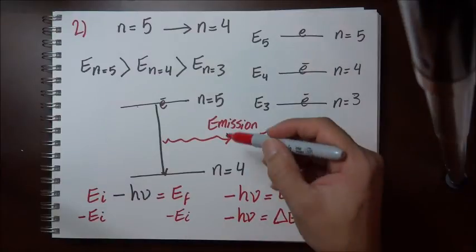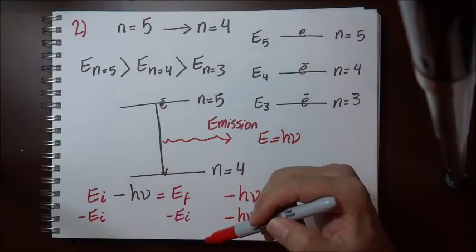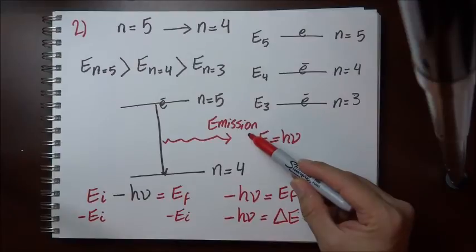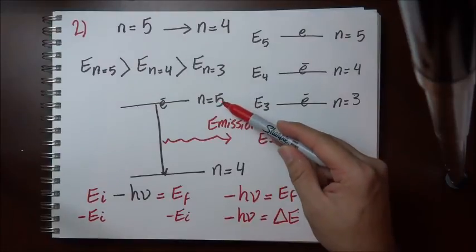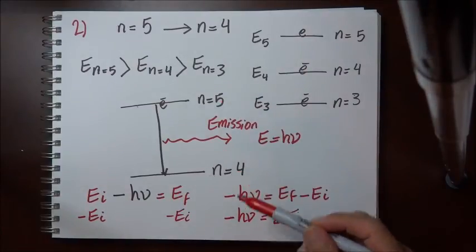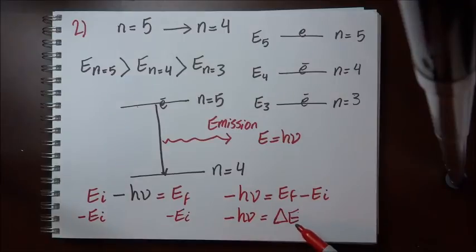So when you're dealing with electron transfer, that is emission, or from higher level to lower level, delta E, or change with the energy, is equal to minus h nu, not plus h nu.